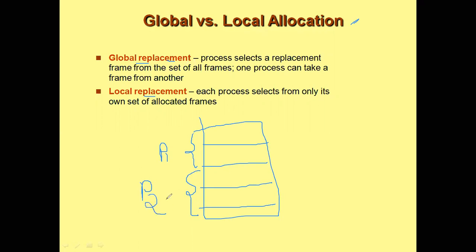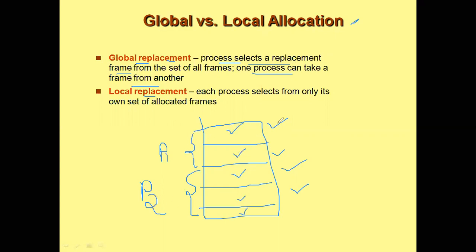In global replacement, P1 can replace frames from P2, and P2 can replace frames from P1. So this is global: a process selects a replacement frame from the set of all the processes. That is, one process can take a frame from another. P1 can take any of these 3 free frames, or P2 can take any of these 2 frames.